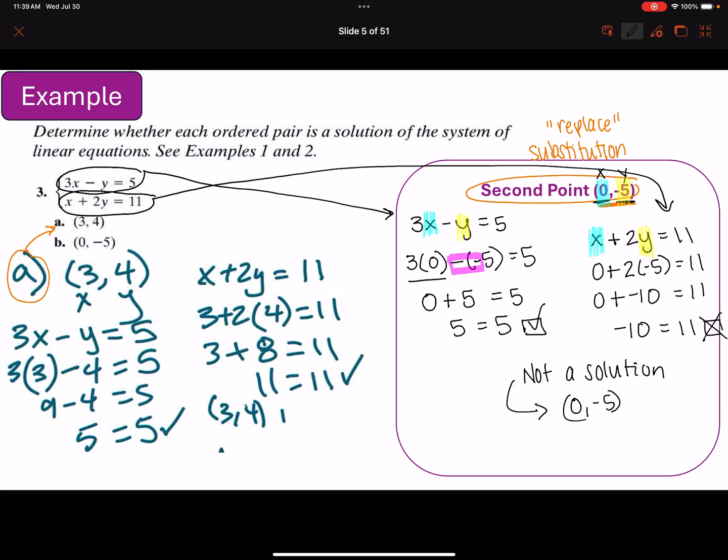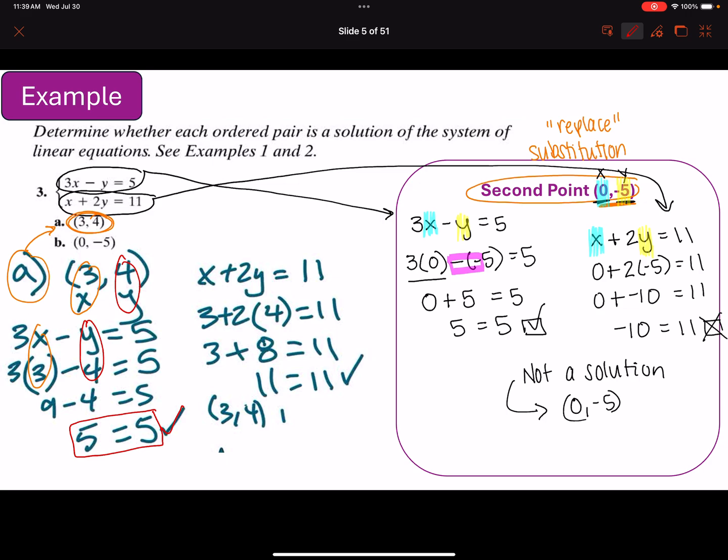So what we have to do then is try the other point that they gave us, which is over here. I circled in orange, this 3, 4. I already have this solved out for you for saving time. I just wanted you to see step by step what happens. So same thing happened over here, replacing x with 3, and then replacing y with 4. Going through each step, we get 5 equals 5.